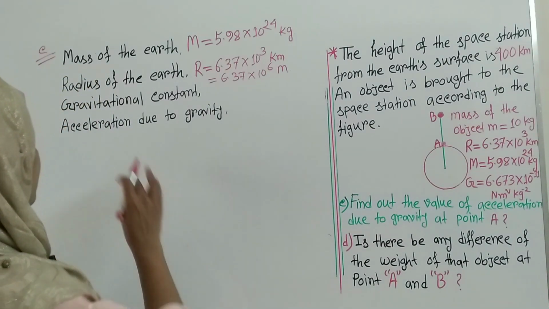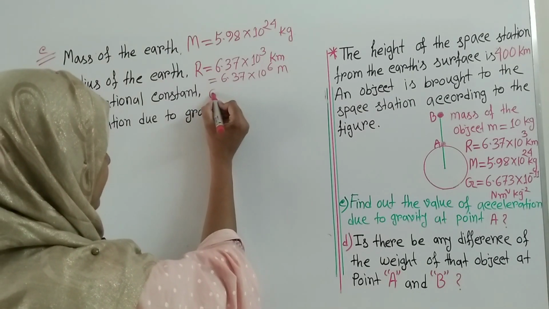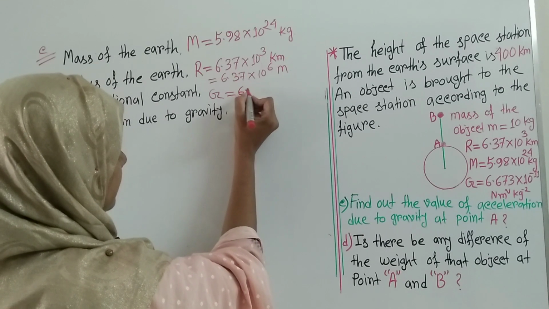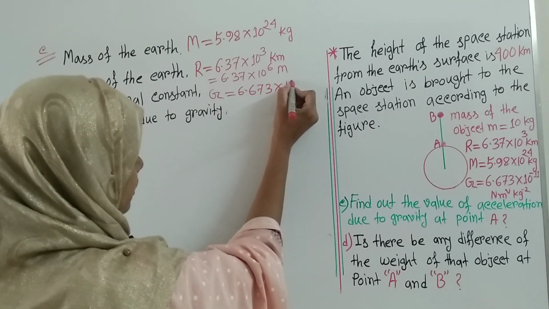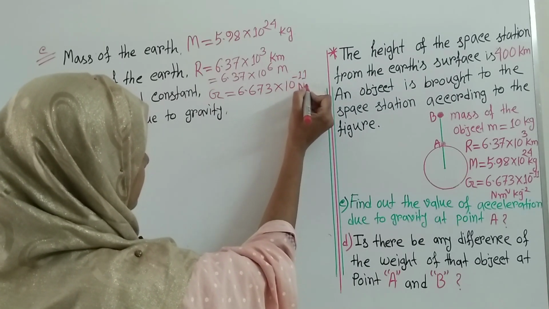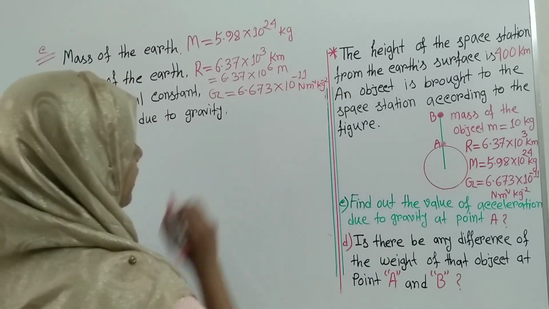Now, the gravitational constant, that is the value of capital G, is given here: 6.673 into 10 to the power minus 11 Newton meter square per kg square.